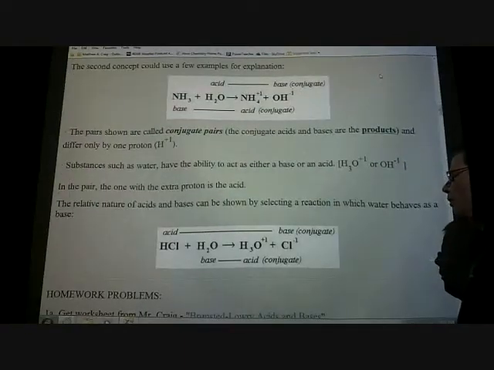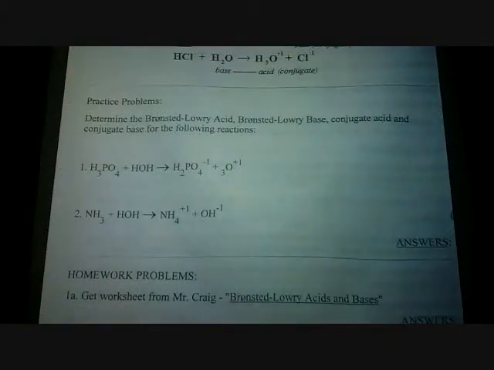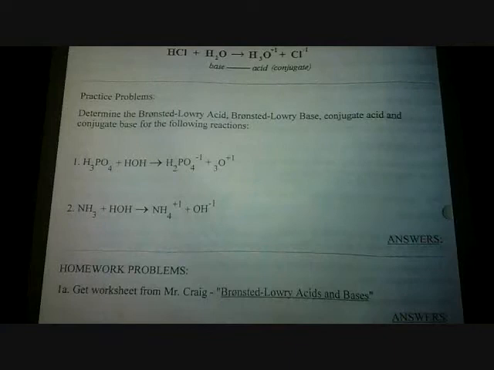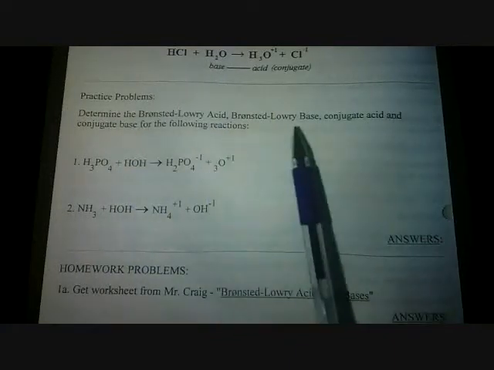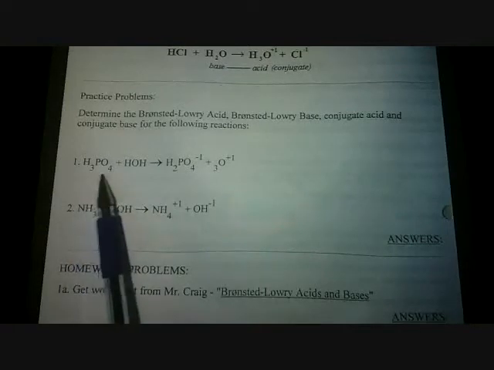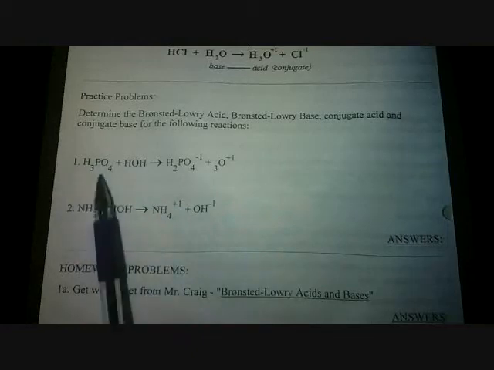And I promise we'll do some examples here. We do have a couple practice problems, and I'd like to work those out with you. The first practice problem says, determine the Bronsted-Lowry acid, Bronsted-Lowry base, the conjugate acid, and conjugate base for each of the following reactions. And you had this, and it's on page 4. So we're given H3PO4, and you don't know the name of that yet, but in a couple days you'll get to know that.